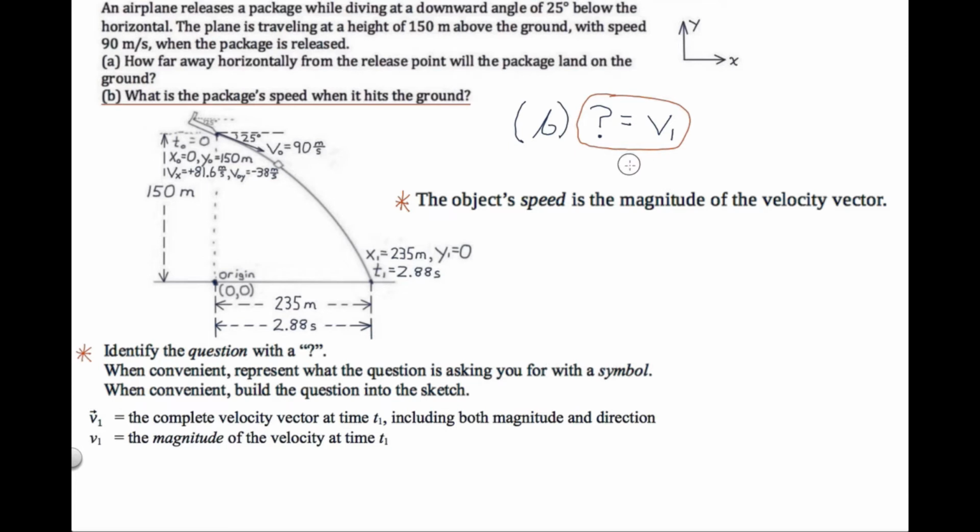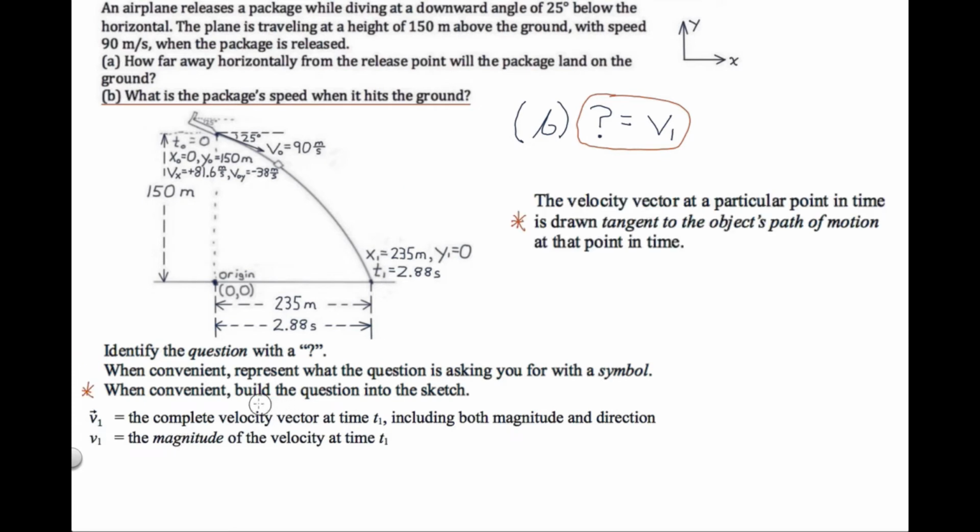We can use the symbol v sub 1, written without an arrow on top, to stand for the magnitude of the velocity at time t1. Remember, when we write a vector symbol without an arrow on top, the symbol stands specifically for the magnitude of the vector.